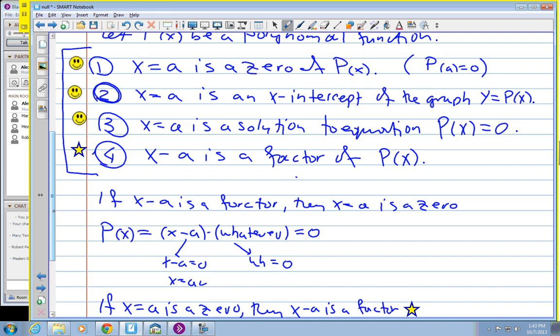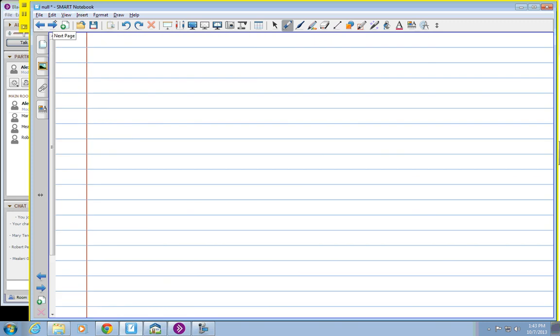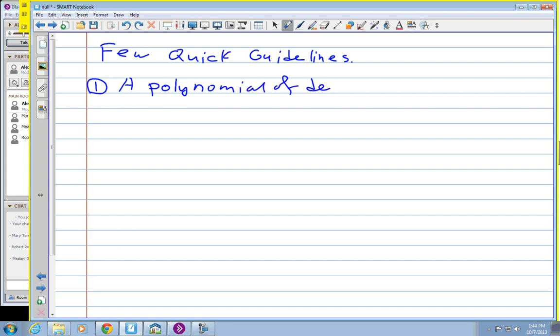Now, a few quick guidelines. A polynomial of degree n has at most n zeros.